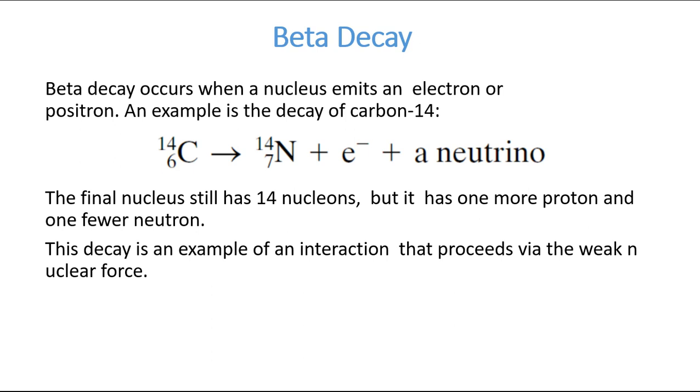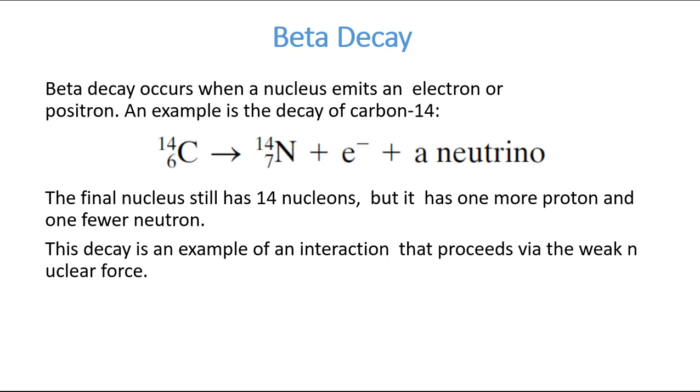Beta decay occurs when the nucleus emits an electron or positron. As I already told you, beta decay is further classified into three processes: beta plus decay, beta minus decay, and electron capture. Here is an example of beta minus decay, also called negative beta decay. You can see the parent nucleus of carbon is converted into nitrogen with the emission of an electron and a neutrino.